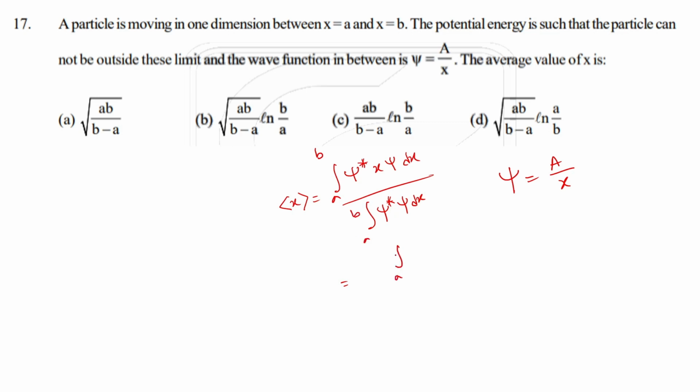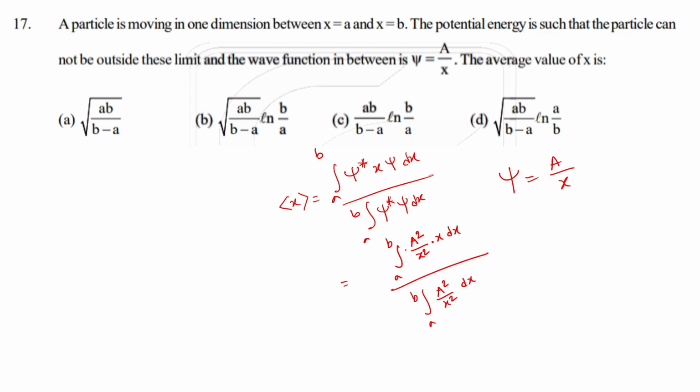You try to get it. So psi star is again a by x. So here actually you are getting a square by x square into x dx, and below you are going to get integral from a to b of a square by x square dx.